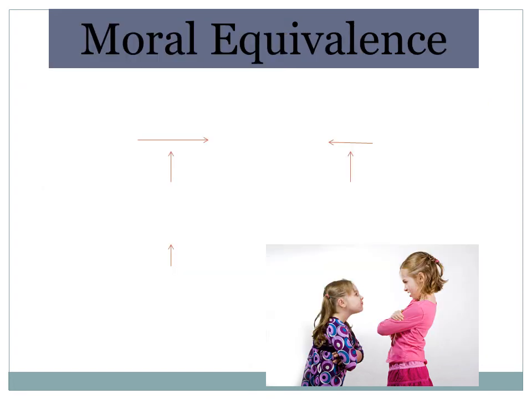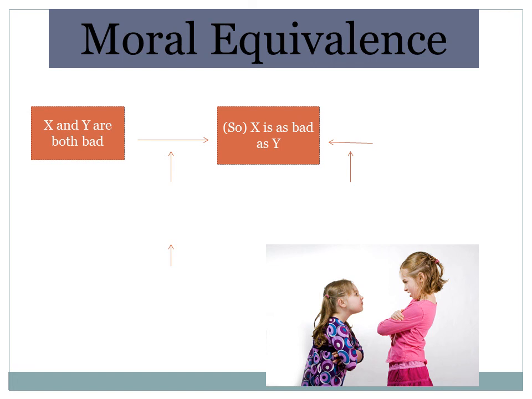The next logical fallacy we're going to talk about is the appeal to moral equivalence. In an argument about moral equivalence, someone's going to try to convince you that two things are equally bad. They're equivalently immoral. So this is an argument that comes up when someone's trying to convince you that someone or something is a really terrible thing.